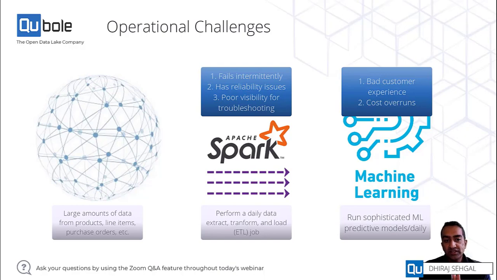As you go through these operational challenges, we have the amount of data, and as they are running this ETL, they are running into three types of issues. The first is that while running the daily data extract, transform and load ETL job, the jobs fail intermittently.